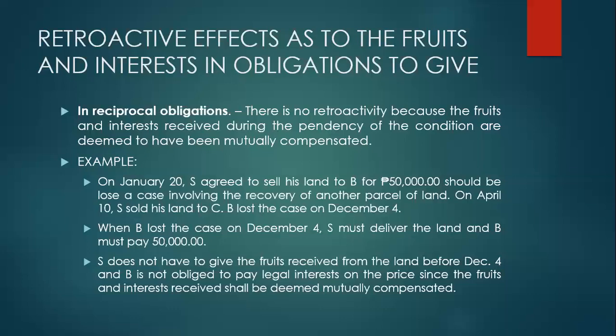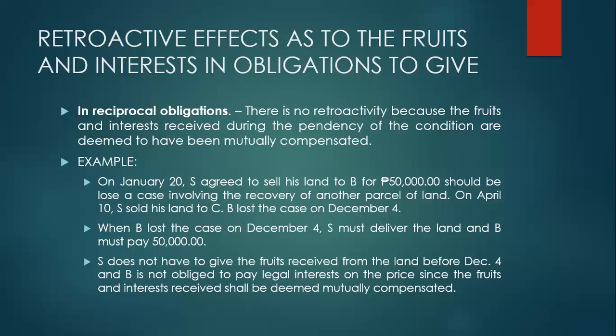So supposedly, from January 20, meron yung interest na tumutubo from the 50,000 pesos. But on December 4, when the condition was fulfilled, sabi ng batas, S is not entitled to receive the legal interest on the price. On the other hand, B cannot demand from S the delivery of the fruits received from the land. In the given example, yung coconuts.